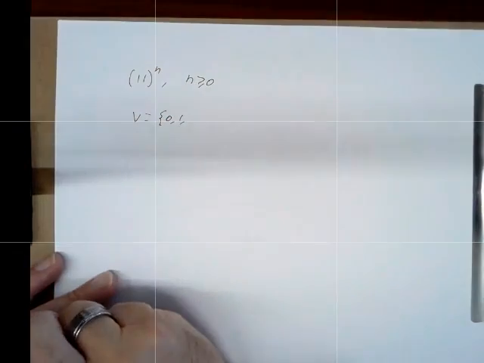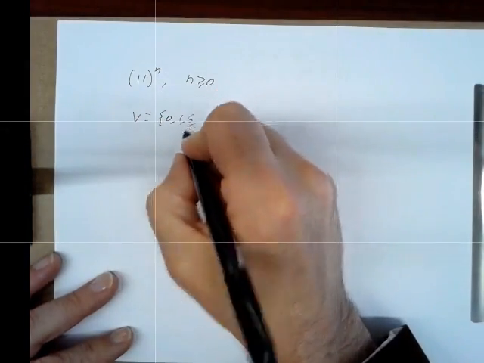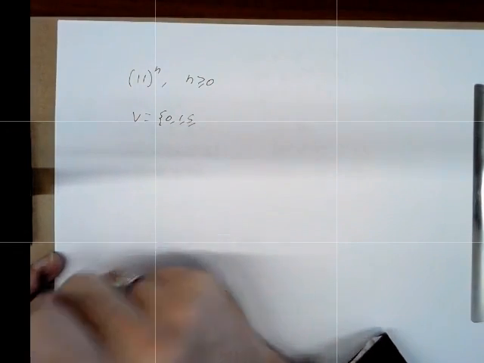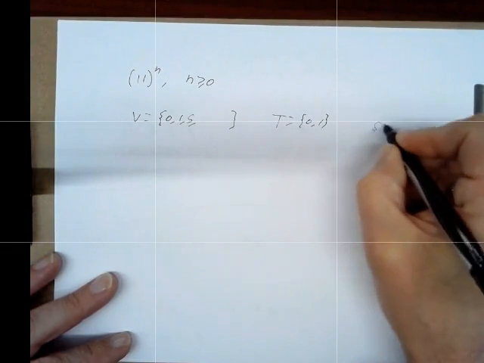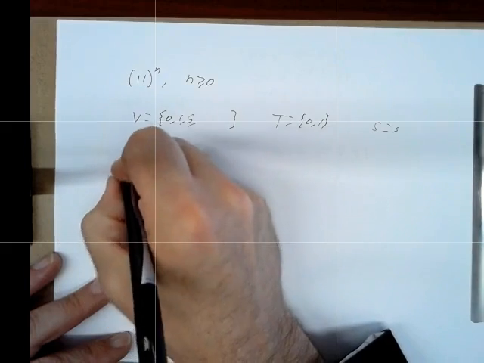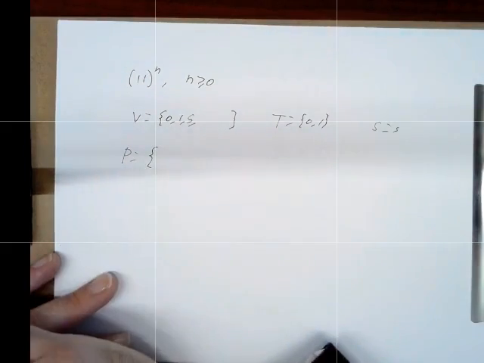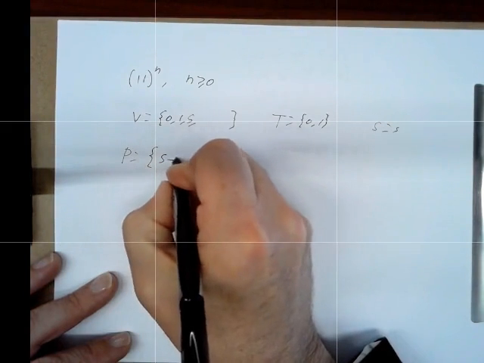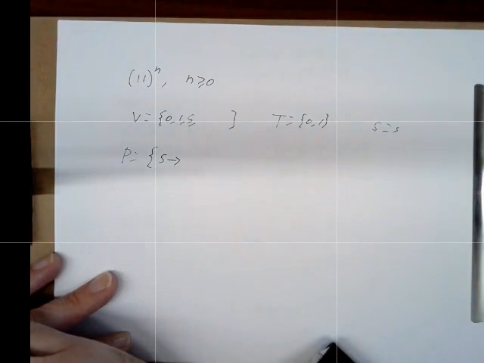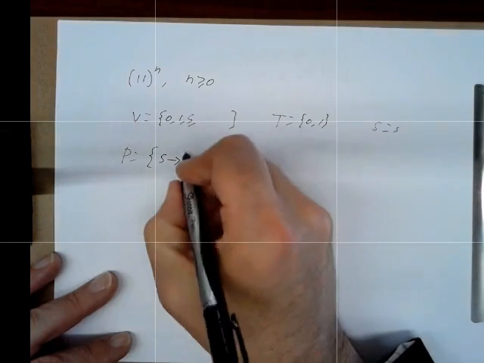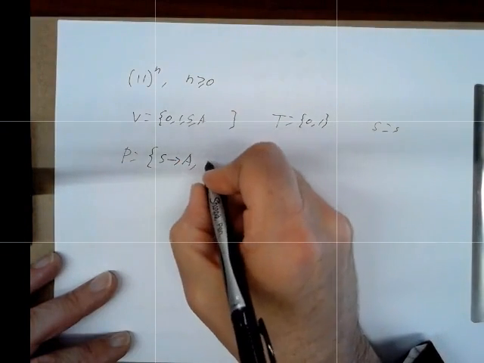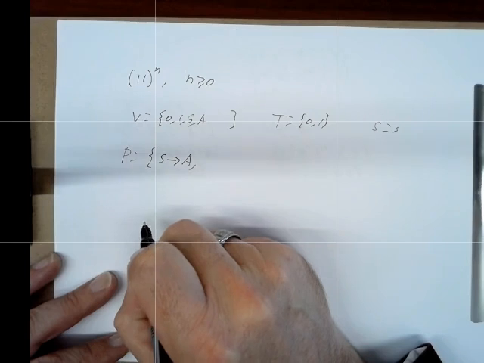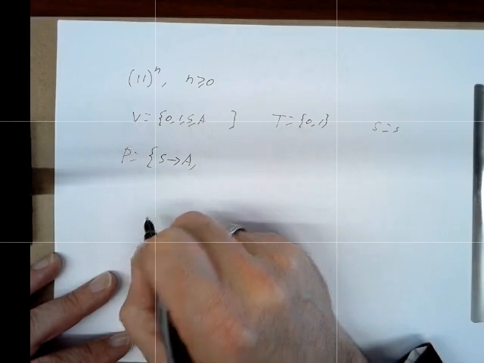So we need 0 and 1, which will be our terminals. We need a start symbol, and I don't know if we need a temporary state. Terminals will be 0 1. Start equals S. So S has got to go to something. S can go to 1A.